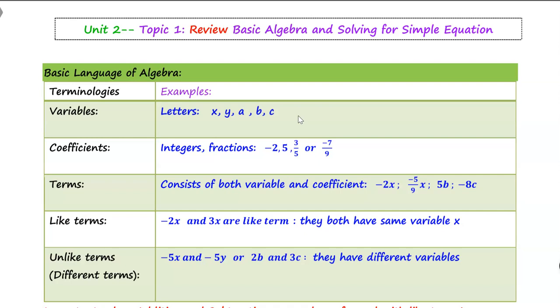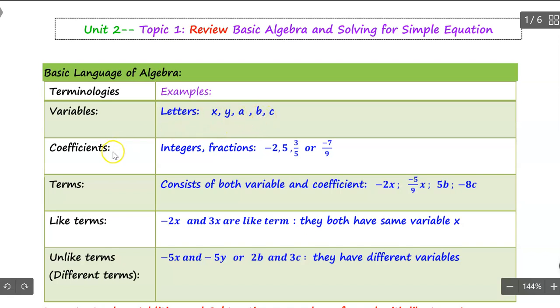So why do they call it a variable? Because when you get into advanced algebra, it represents something changing. You can substitute any values in here. It's a changing variable. Variable means you can change it.